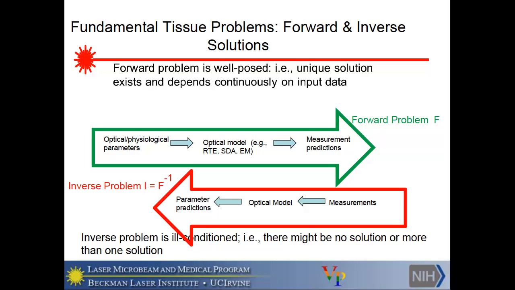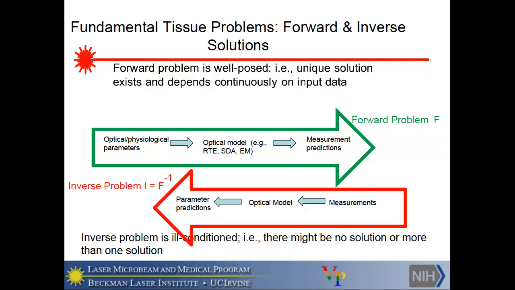Now, what we see is that the inverse problem is ill-conditioned. That means that there might be no solution to it, or there might be several solutions to it. For those of you who know a little bit about standard diffusion, you know that in standard diffusion theory, you can't separate the scattering coefficient from the anisotropy g, that they always appear in the solution as the product of mu s and 1 minus g.